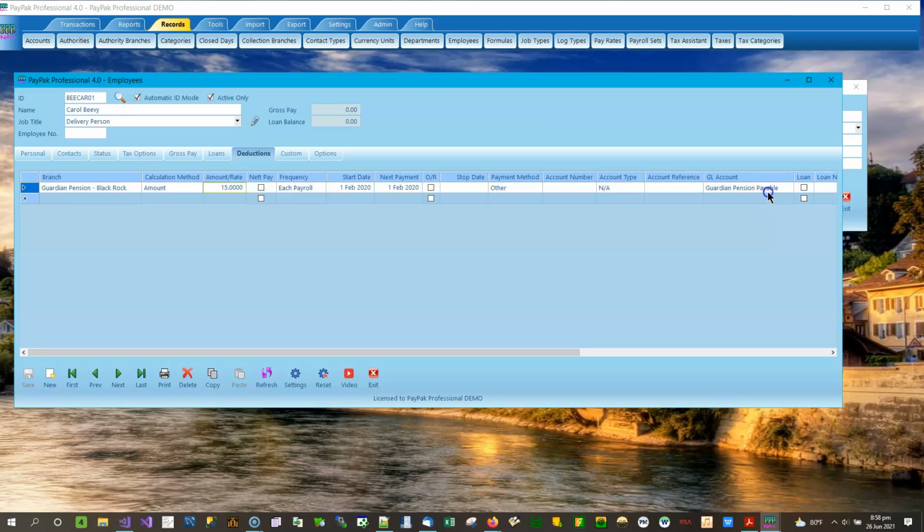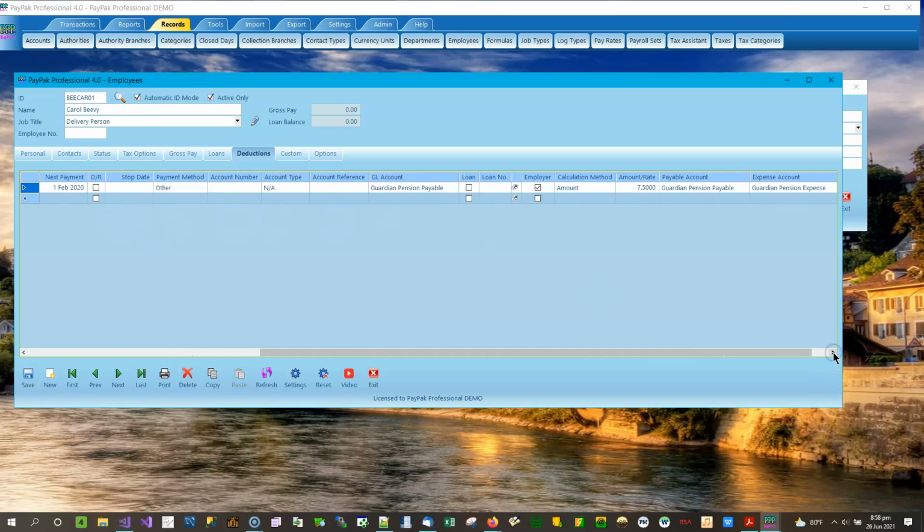Now, for some deductions, there is also an employer's portion, an amount which the company pays. In this case, it says $7.50, and in that case, you have two accounts here. There's a payable account, which in this case is the same as the GL account, Guardian pension payable, and there's an expense account, which is the Guardian pension expense account.